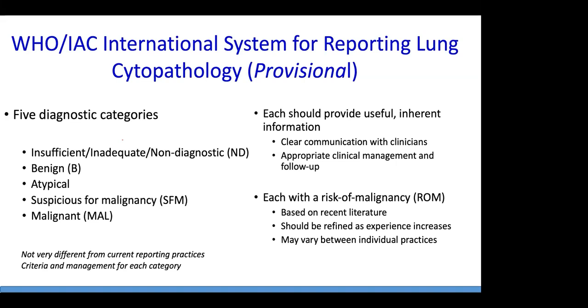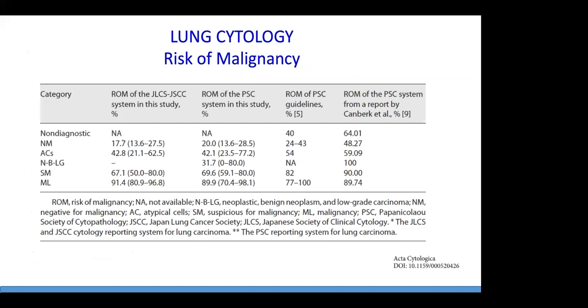Each category has a risk of malignancy that is based on the recent literature, but for sure should be refined as experience increases and may vary between individual practices. The risk of malignancy from these different categories was published in these four papers.